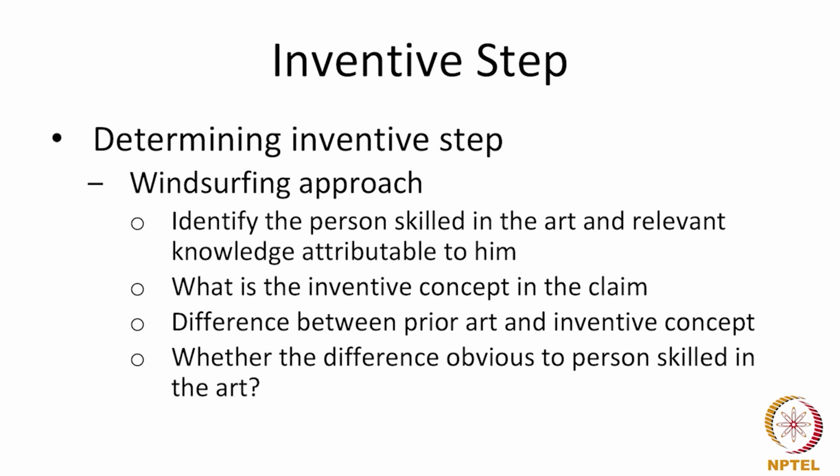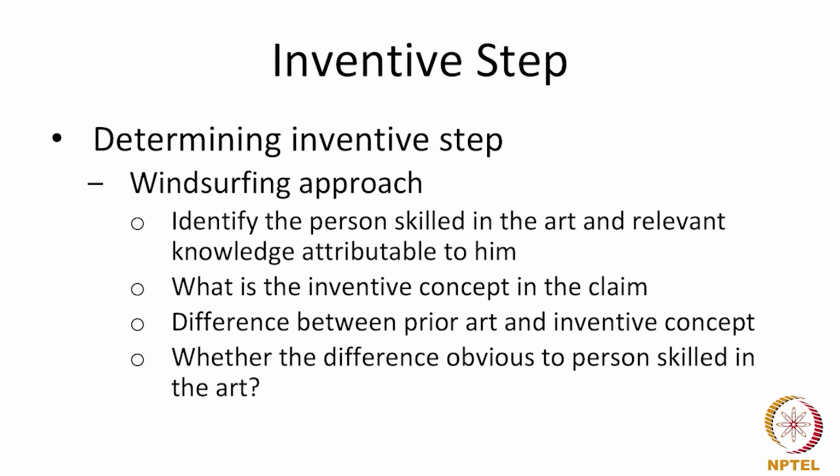So, the third step will be, now that the person skilled in the art is identified and the inventive concept has been construed, we see the difference between these two things. There is prior art and the inventive concept. In the earlier analysis, there was the closest prior art and the problem to be solved, and then you had the invention itself.